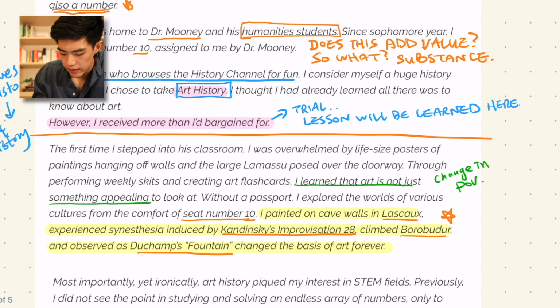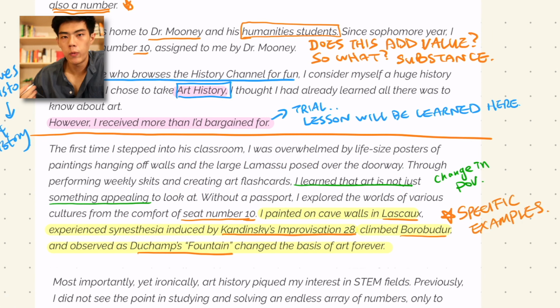这些都是 specific examples. The way to demonstrate that you truly care or love the thing that you're talking about is with specific examples.